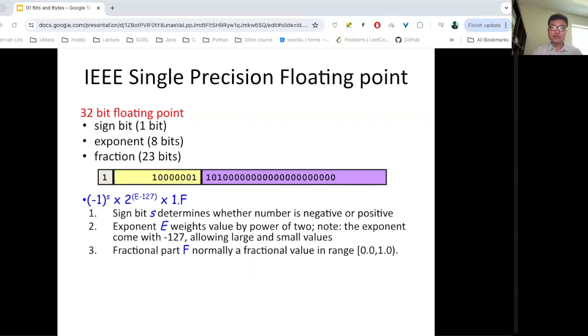Actually, if we have a 32-bit system, based on the current standard, what do we usually do? We give 1 bit as a sign bit. Just like for an integer, we want to provide signed integers, we also want to provide signed floating point. So there's a sign bit at the beginning, and then there's a shifting here, right?